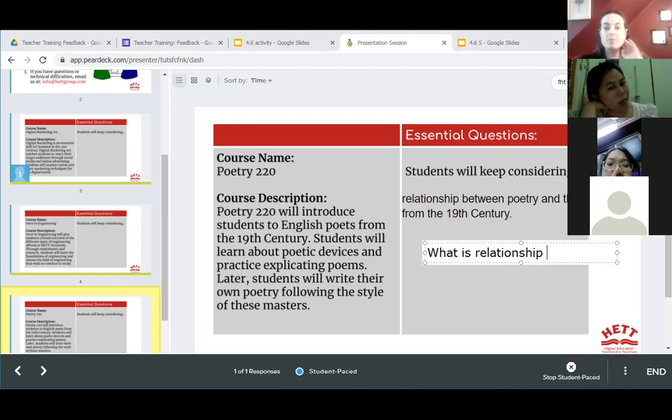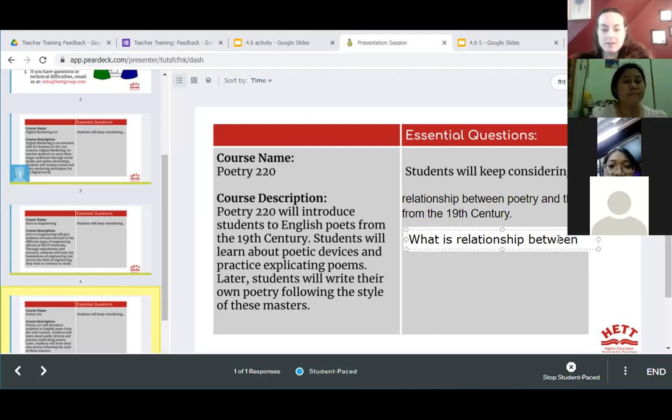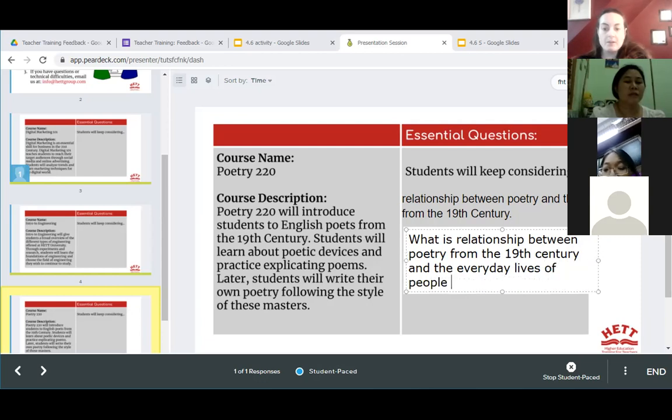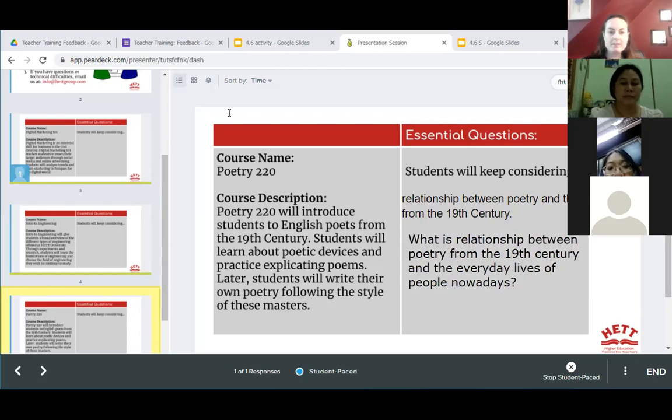What is the relationship between poetry from the 19th century and the everyday lives of people nowadays, or something? Like how is it relevant now? I think you could kind of ask that. Okay, I'll clear that.